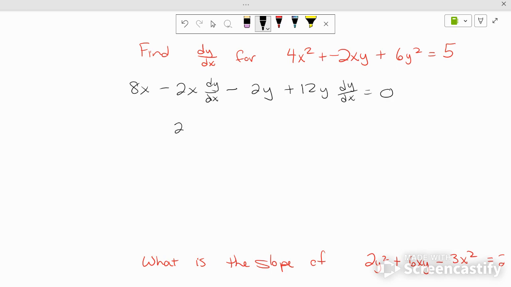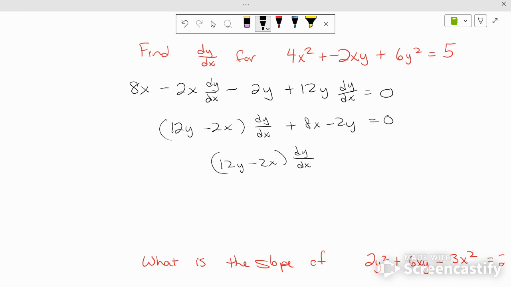So it's basically 12y minus 2x dy dx plus 8x minus 2y equals 0. So 12y minus 2x dy dx equals 2y minus 8x. Then divide by 12y minus 2x.